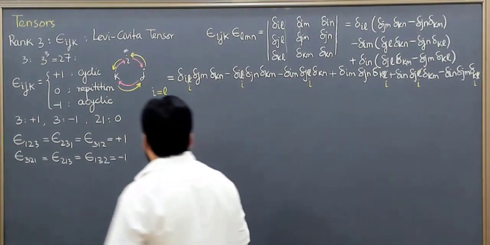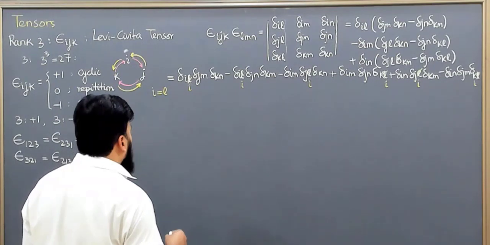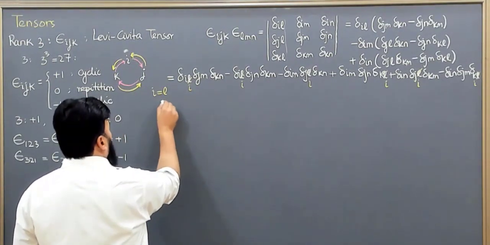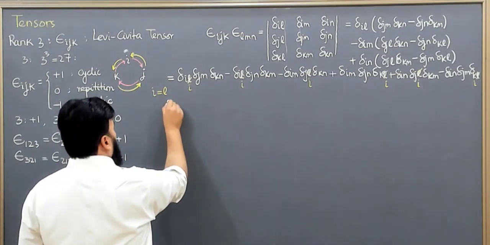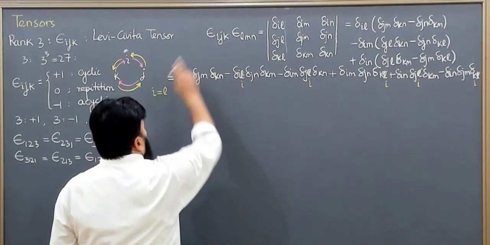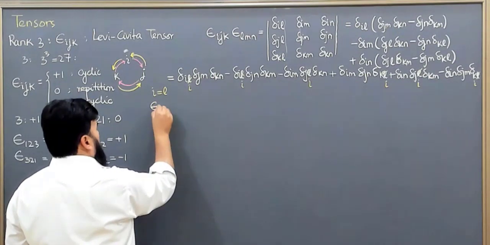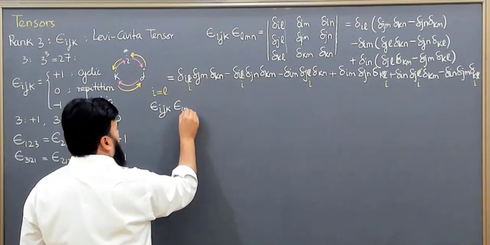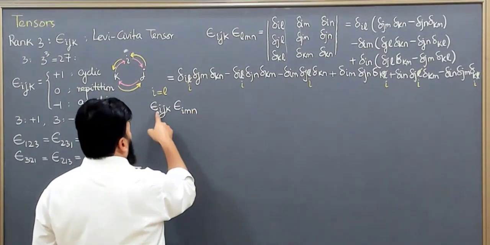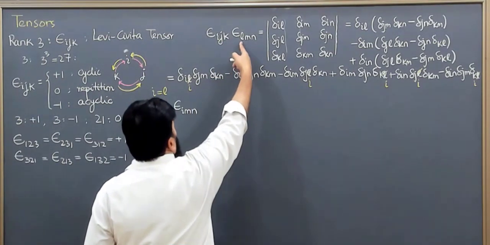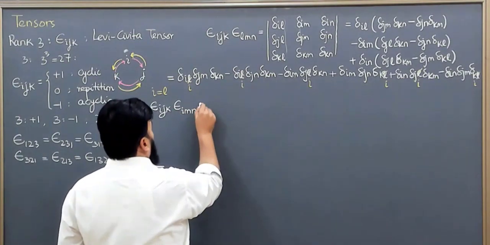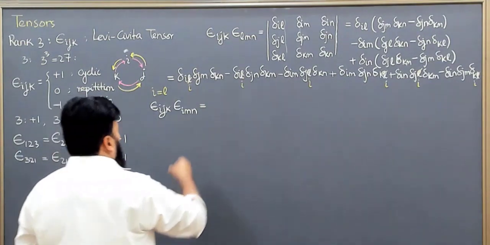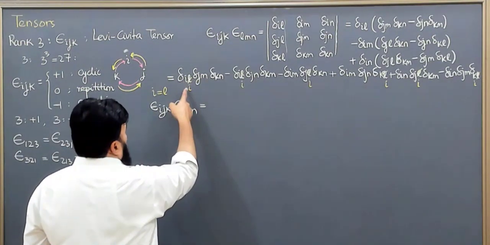So the relation becomes epsilon ijk epsilon imn. Now the two indices are the same, and the first term becomes delta ii.